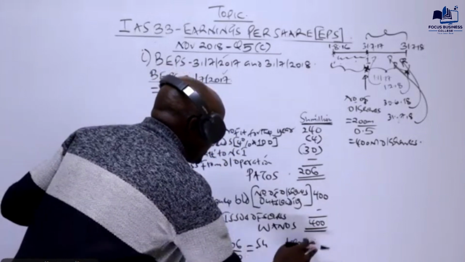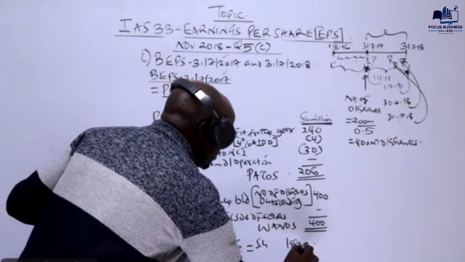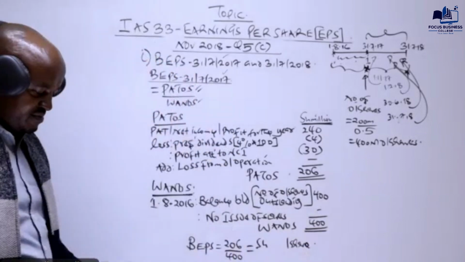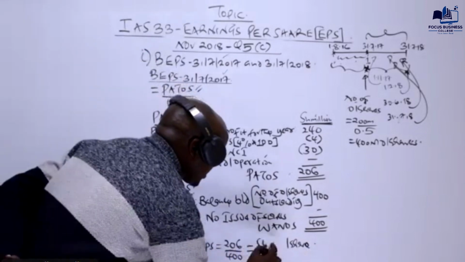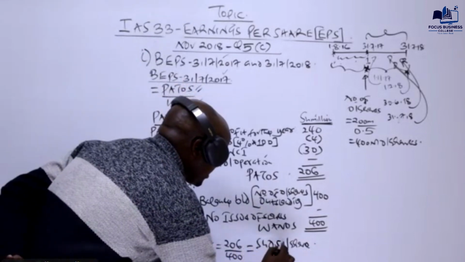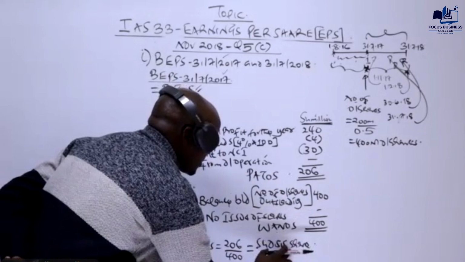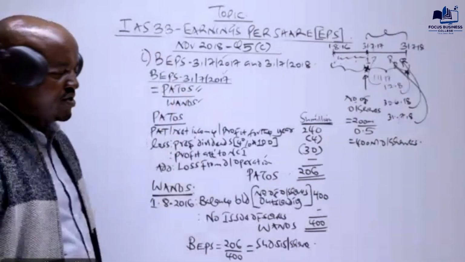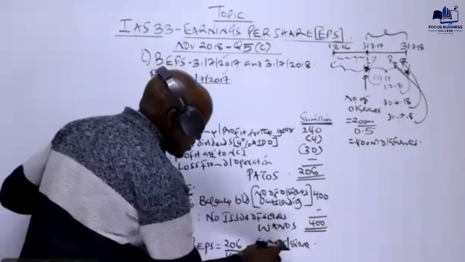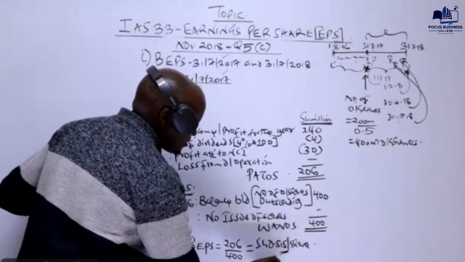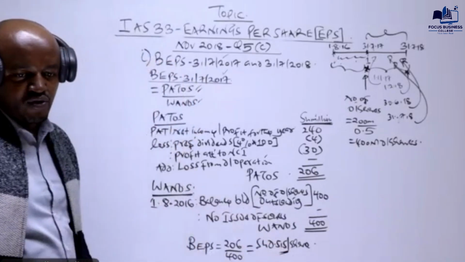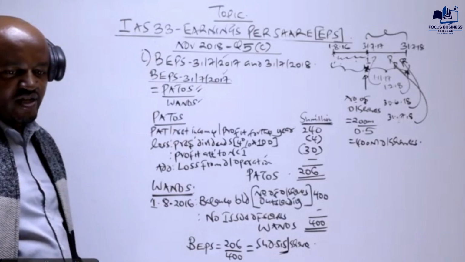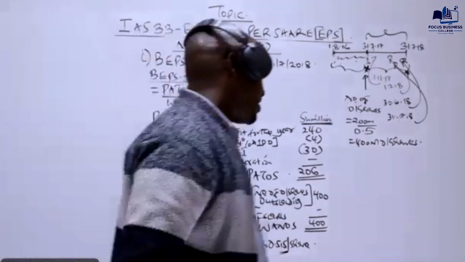So what will be the earnings per share here? Yes, the earnings per share, I'm told, will be 0.515 per share. This is the amount of profit attributable to each ordinary share.